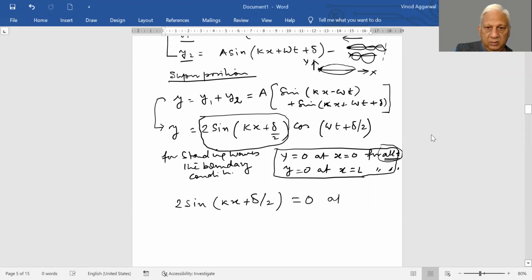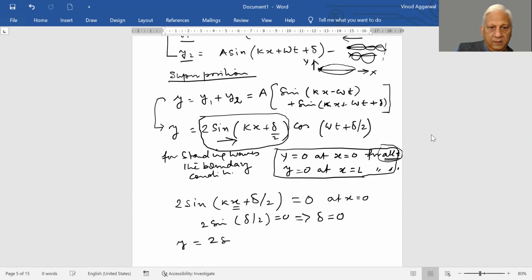This is at x is equal to 0. When we put x as 0, what happens is that it implies delta is 0. So we can rewrite this equation as... because this phase angle is 0, as we have seen here.